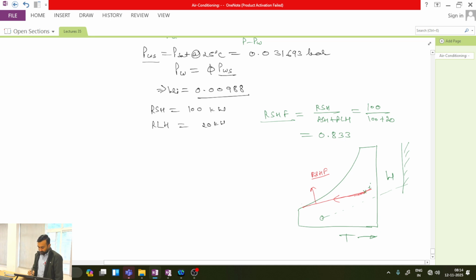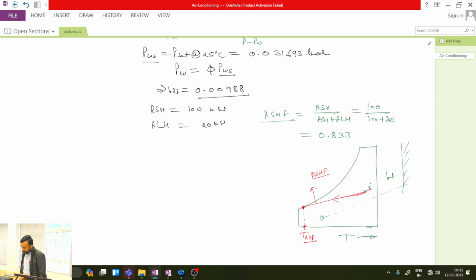Wherever the RSHF line on the psychometric chart is meeting the saturated curve, corresponding to that, what I will be having? This will be my TADP, apparatus dew point temperature. Is this point clear?